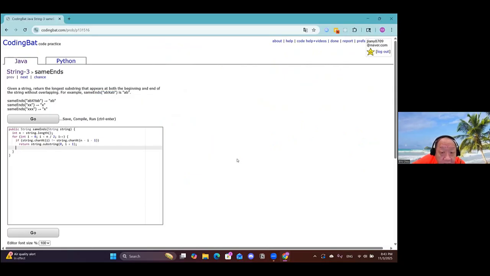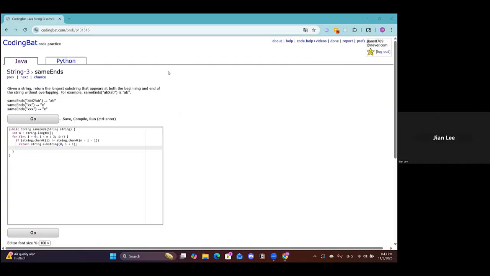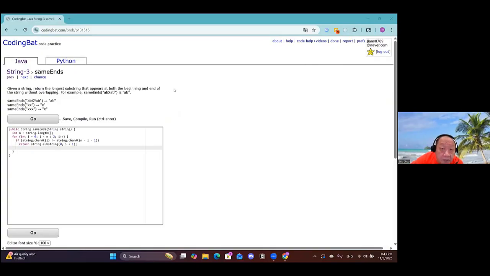You see what I'm talking about? What do you mean by the longer one? The longest one is n divided by 2, right? Possibly. Yeah. And then you go down to n divided by 2 minus 1, down to 1 or down to 0.